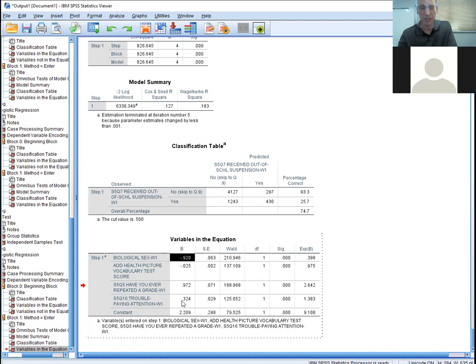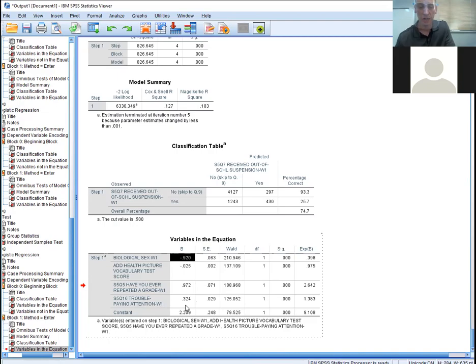trouble paying attention in school, you would choose whatever degree you'd want the trouble paying attention in school to be at. Now, if you want to push up the odds of being suspended in school, you would have to assign that a high value from however trouble paying attention in school was originally coded.